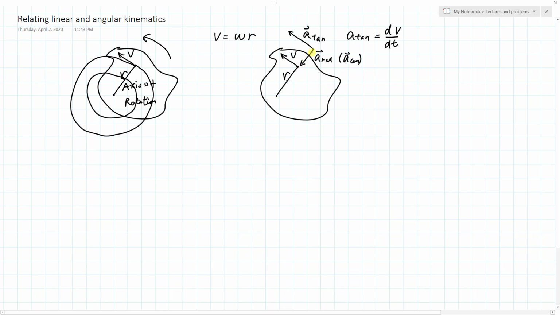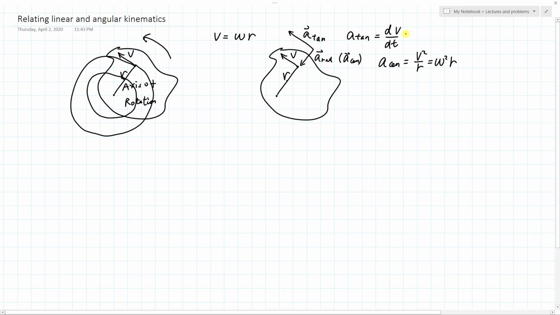So this is responsible for changing the direction of the velocity, and we know the amount is v squared over r, or you can also express that as omega squared times r, right?